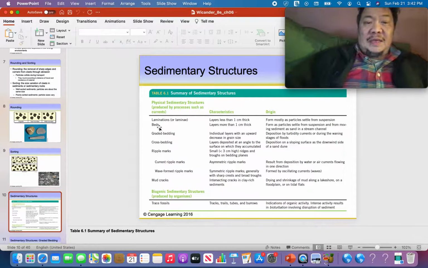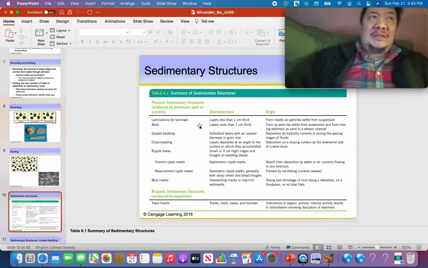We've got beds. We know sedimentary rocks are deposited in beds, such as beds of sandstone, beds of limestone, and the boundary between different beds, we call them bedding planes. Bedding planes are indicative of a change in depositional environment.